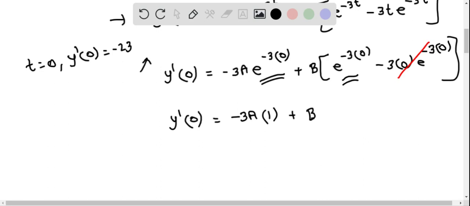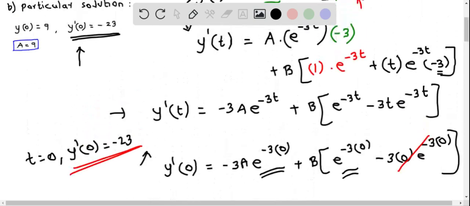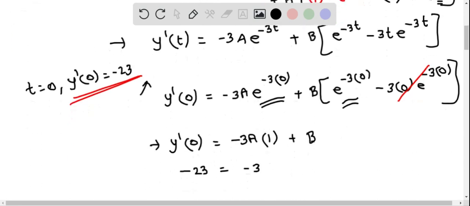So I just put it as b. Now I'm going to replace this value y prime of 0 equals negative 23. So I replace y prime of 0 as negative 23 in this equation. So this becomes negative 23 equals negative 3 times, we will also replace the value of a, which we also already found out, that is a equals 9. So this becomes negative 3 times 9 plus b.